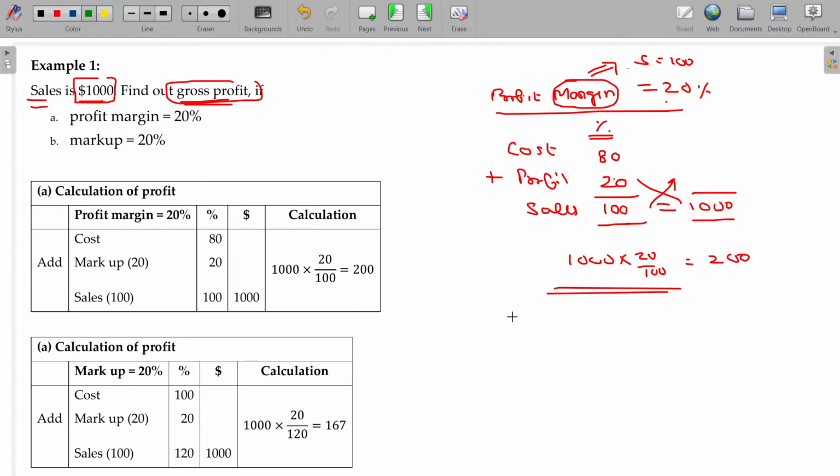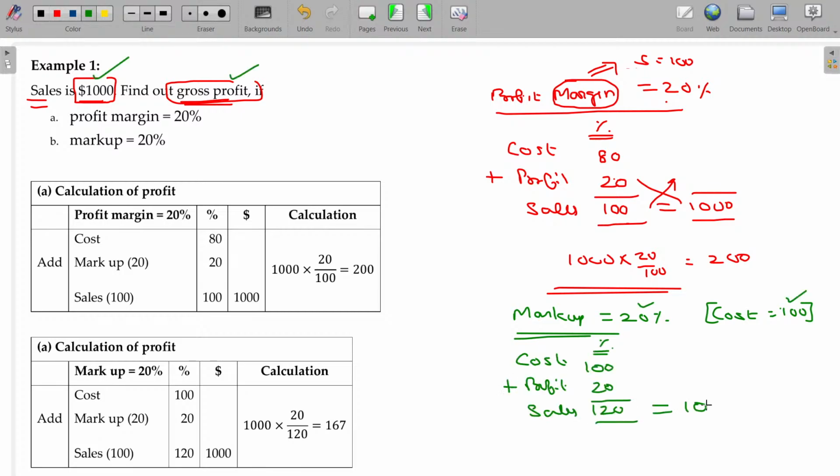Now, if markup is equal to 20%, markup of 20% means cost is equal to 100. Then again the same format: cost add profit, sales is given, you have to find out the profit.